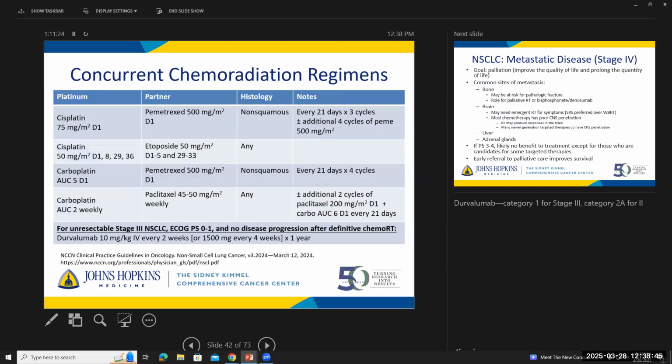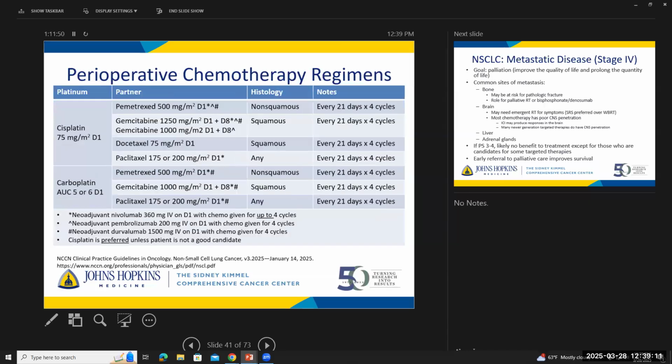Okay, what about if we are giving radiation? So remember I said that sometimes we can't surgically resect the tumor and we have to give radiation in combination with chemotherapy. There are certain regimens that we tend to give specifically in combination with radiation, and those are shown on this slide, okay? So the take home here is that we aren't seeing the whole breadth of options as we did on the previous slide.